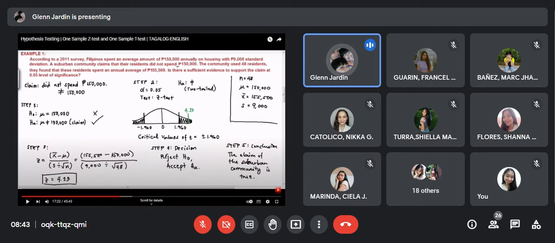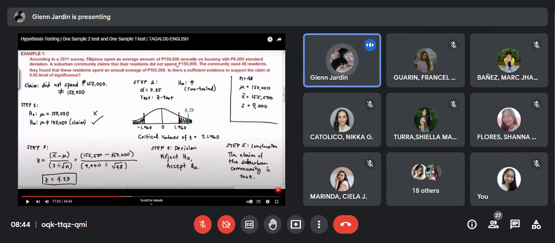Okay? So, based on the computation, identifying the components of our formula: yung standard deviation given na hindi namin kino-compute, 9,000. And then, n is 48, greater than 30, so C-test ang ginamit. Since ang decision natin rejecting H sub O, so claiming not equal to 150,000.